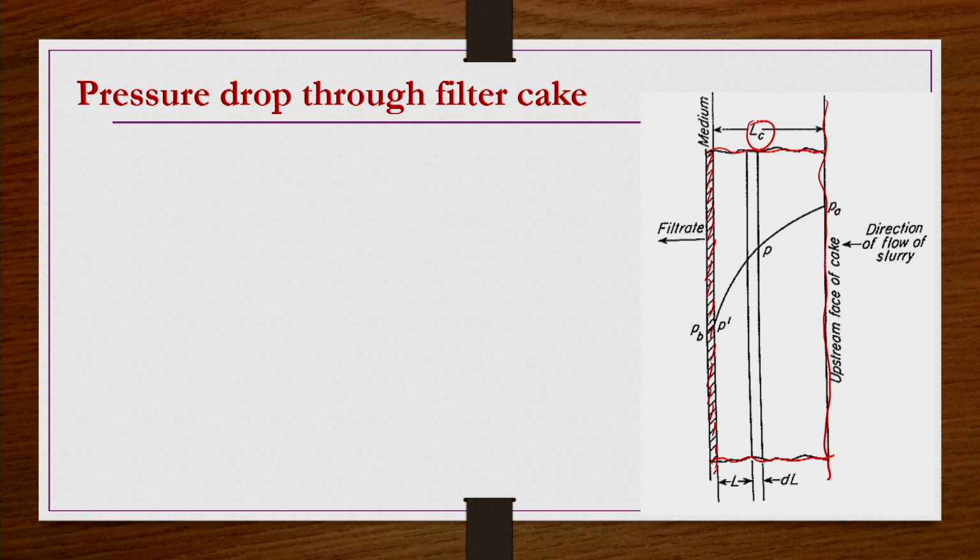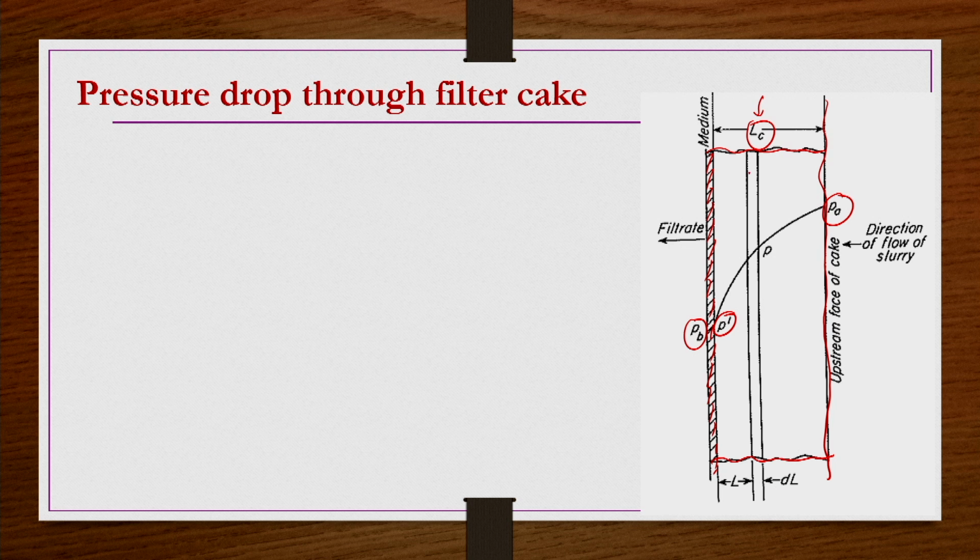The cake thickness at a certain instant of time, it is going to change with time, but we take one particular instant, where the thickness of the cake is Lc. The pressures, as already discussed, are Pa and Pb at either extreme, the cake top surface and the filtrate side respectively. P prime is the pressure at the interface between the filter medium and the cake.